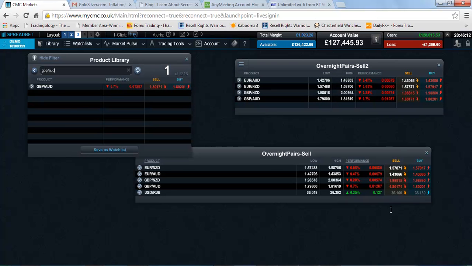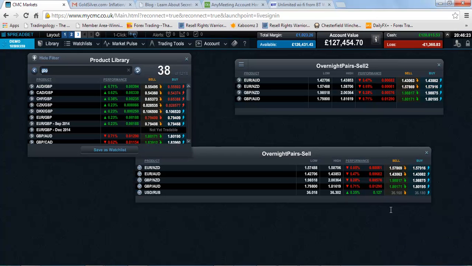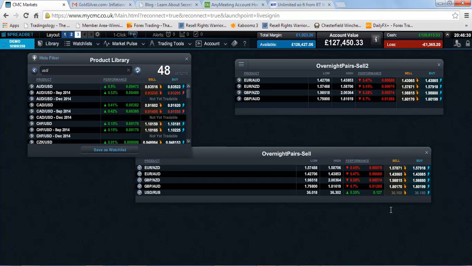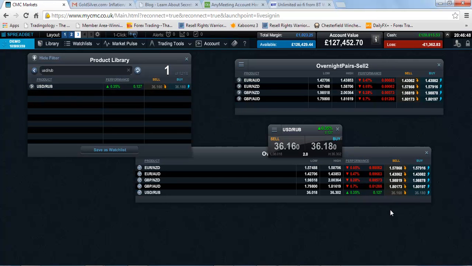And then lastly, the one that they pay us when we hold, whether we buy or sell. That one is USD RUB, the Russian ruble. The Russians are here. Right, so we pick that one. So let me pick again.